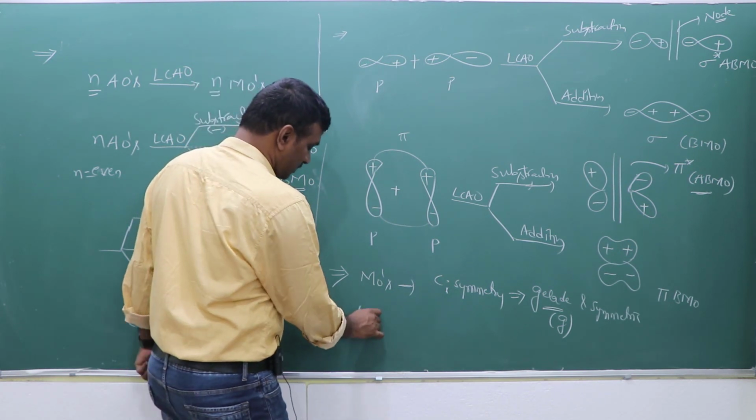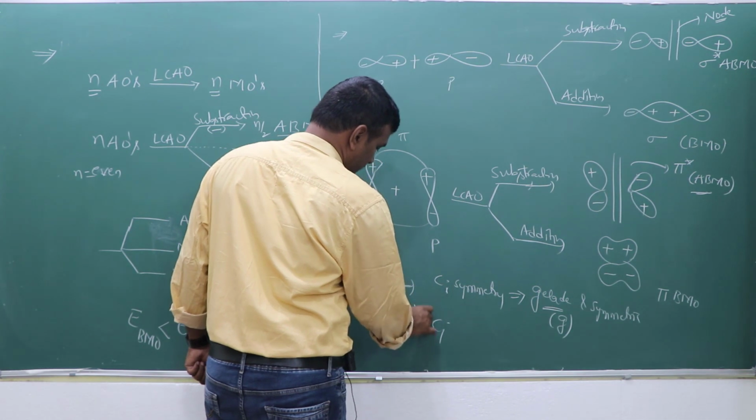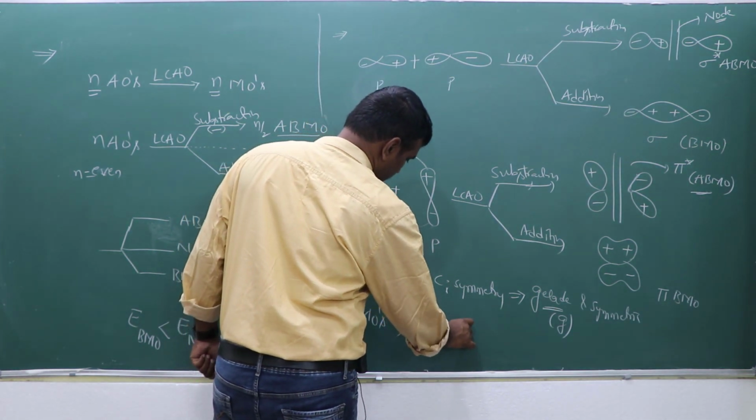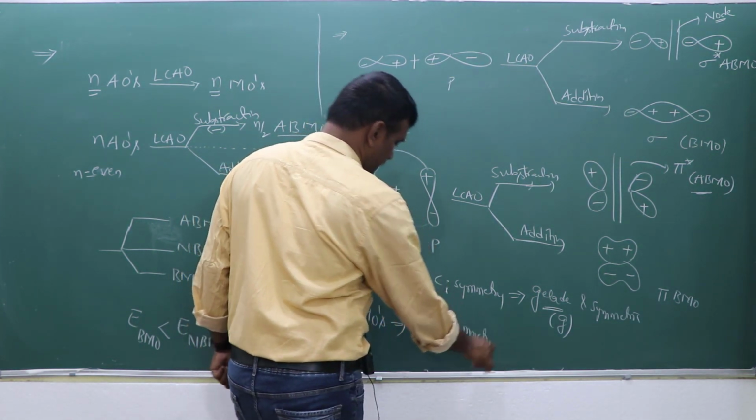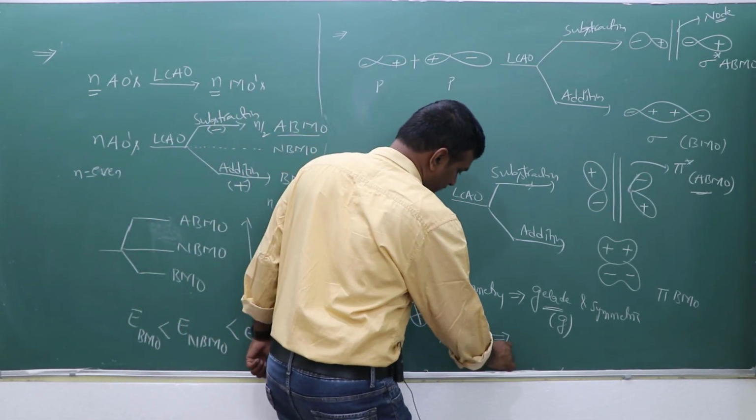If the molecular orbitals have no center of inversion, CI symmetry is not there, they are called ungerade.